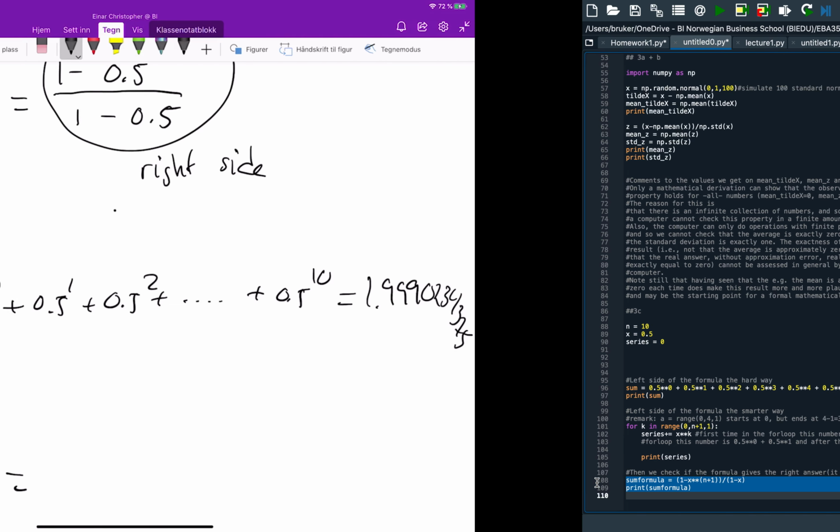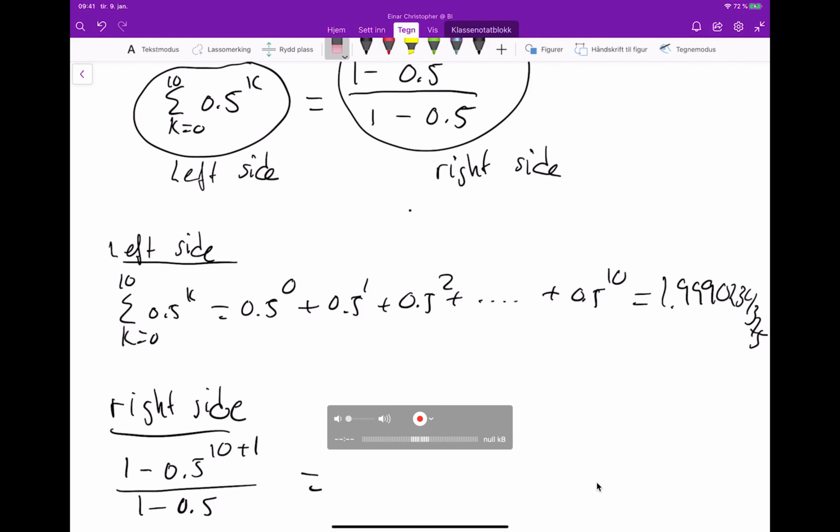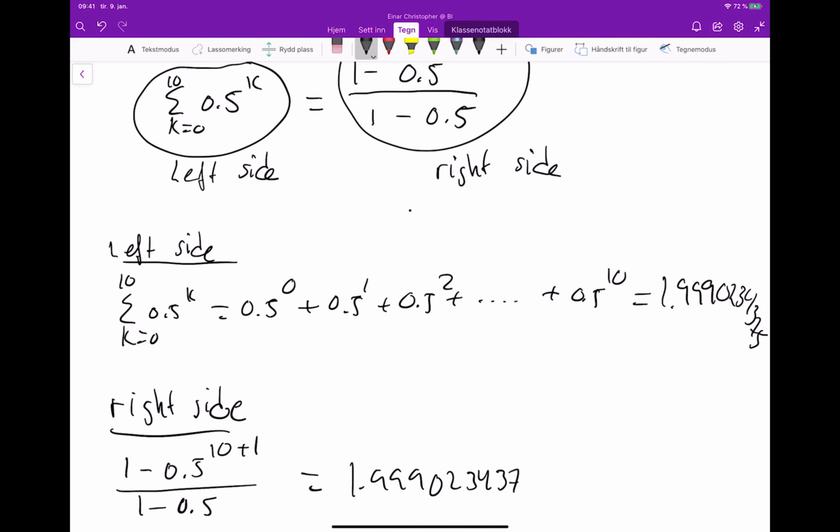So if we go back to here, this is also, of course, equal to 1.999023437. So it's pretty nice: if we know a formula for the sum, then it goes very fast to compute it. Faster than anything else, especially when n is high.